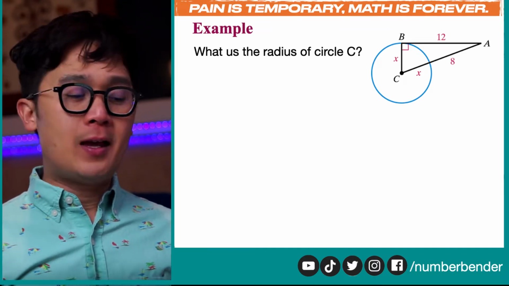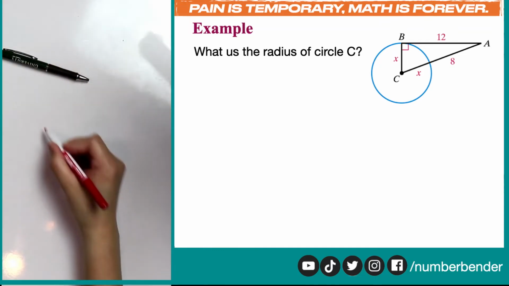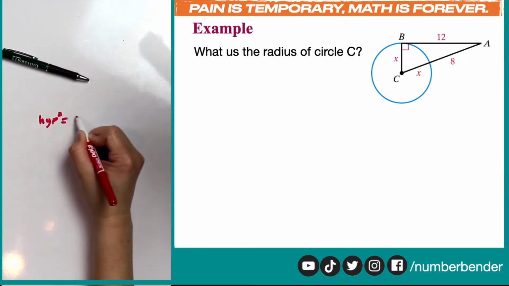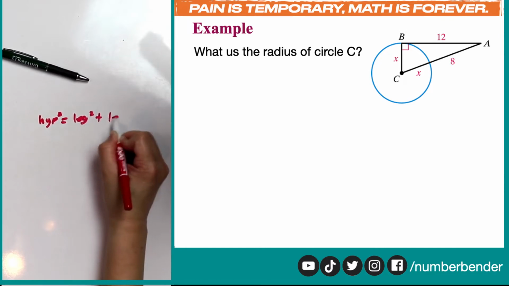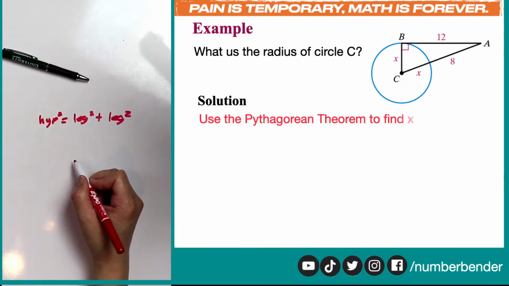So let's write out our Pythagorean theorem. What is the Pythagorean theorem? We know that the Pythagorean theorem is hypotenuse squared equal to leg squared plus leg squared. And in this particular circle, the hypotenuse, the longest side of this right triangle, is denoted by line segment AC.